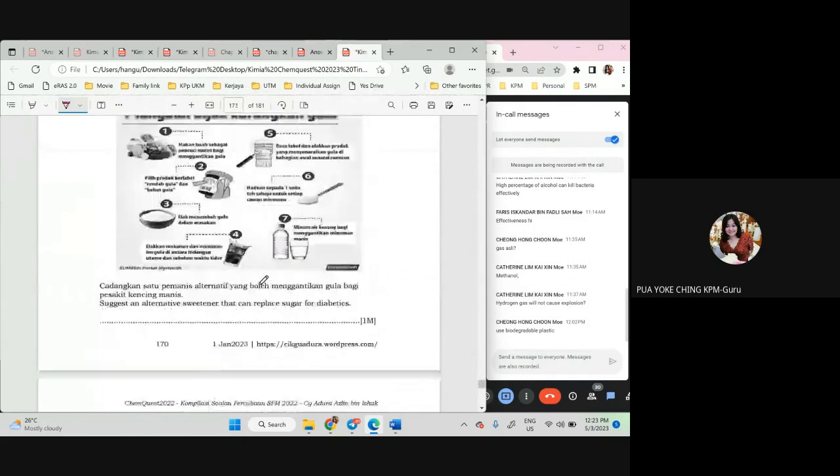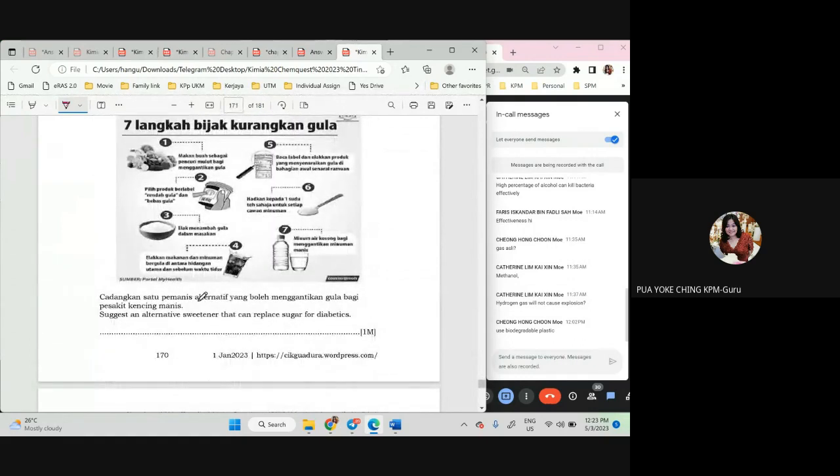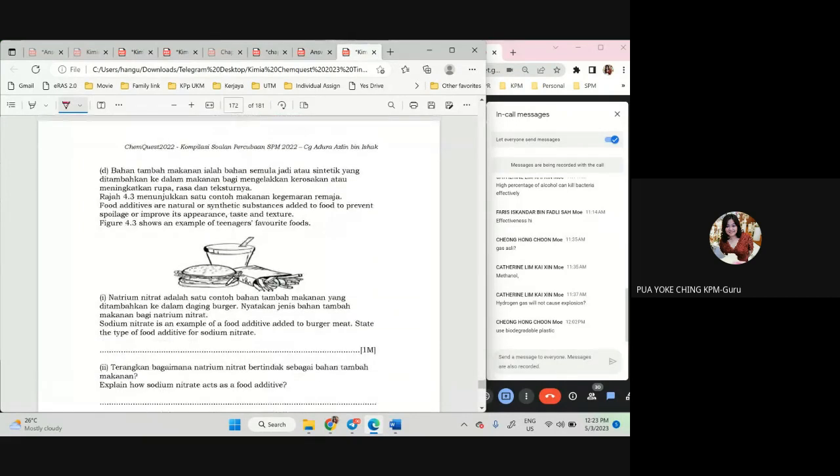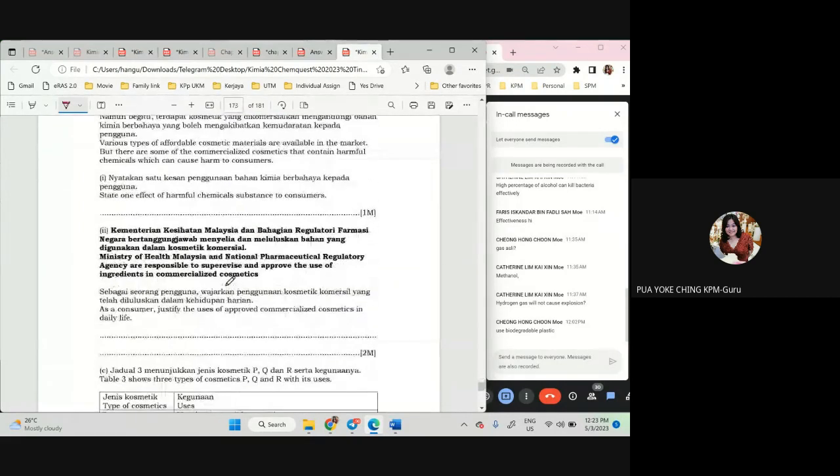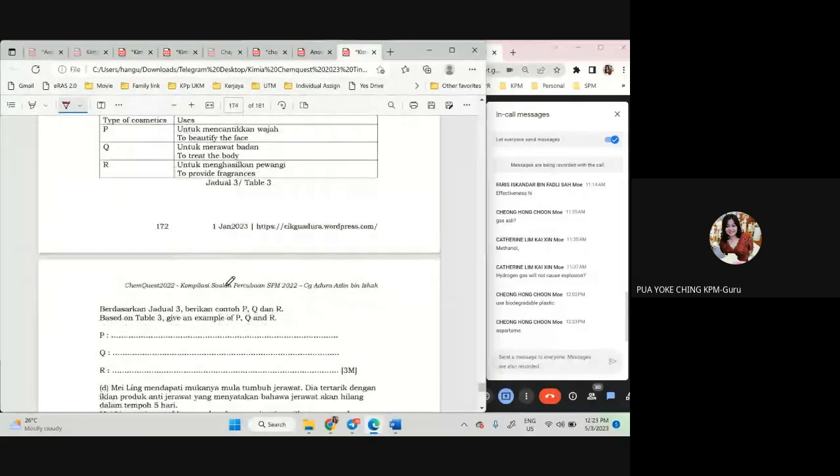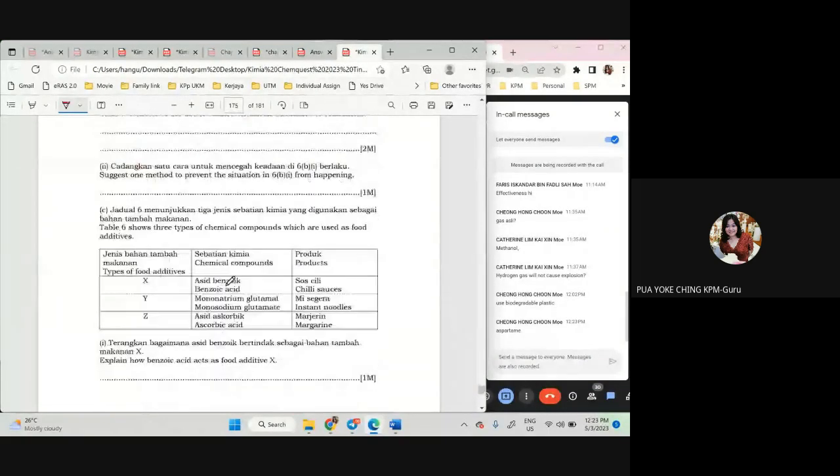Okay, so this is the alternative sweeteners to replace sugar, diabetes. So ini ialah guna, what is that thing? What is a sugar like replacement? Apa yang boleh replace sugar? Saya lama tak cakap dan I already forgot. Aspartam?